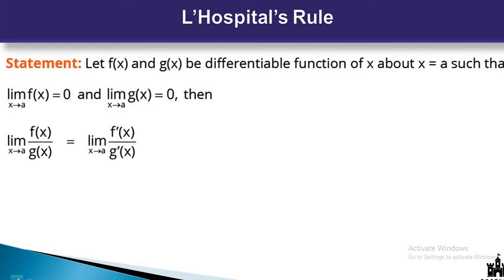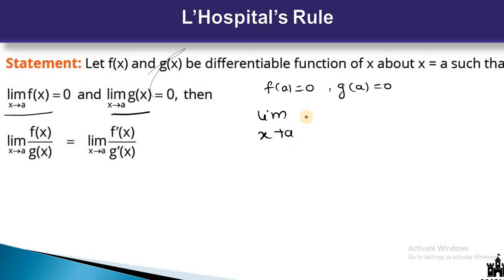So first we see what L'Hospital rule is. If f of x and g of x are two differentiable functions such that f of a is 0 and g of a is also 0, that is, the limit as x tends to a of f of x is 0 and the limit as x tends to a of g of x is 0, then the limit as x tends to a of f of x upon g of x is a 0 by 0 form.